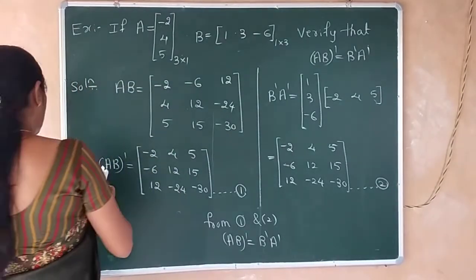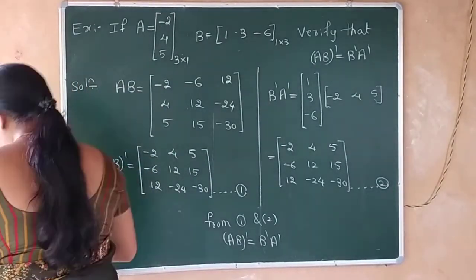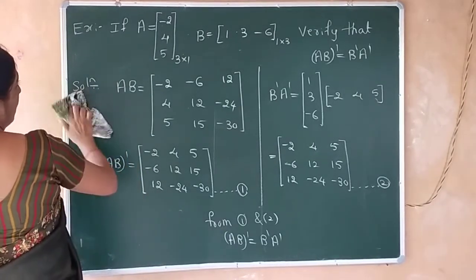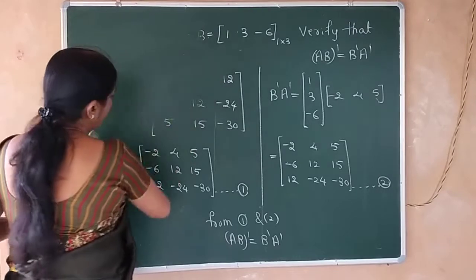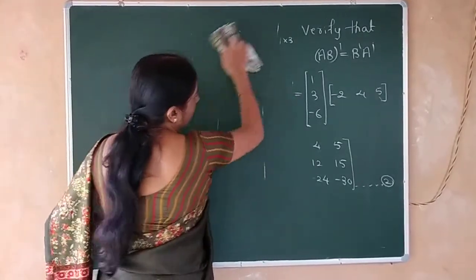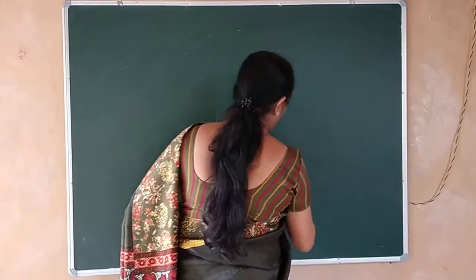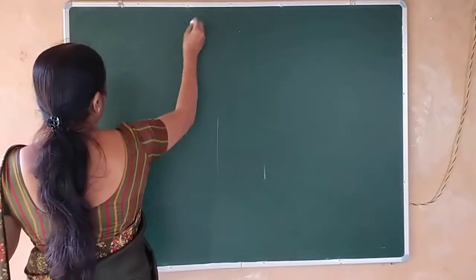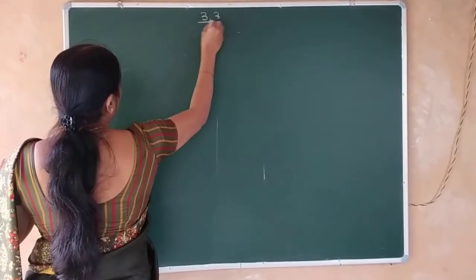Now I am moving to the exercise of NCERT, that is exercise 3.3 from NCERT. I am giving you each and every question, and if it is similar, I will give it to you as an assignment for your practice. So it is exercise 3.3 from your NCERT.